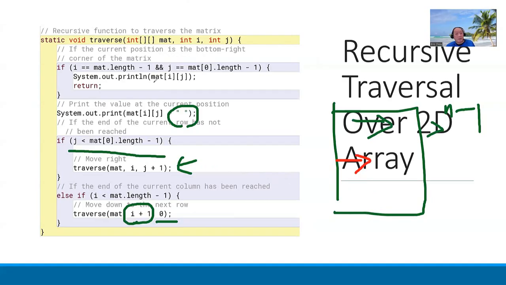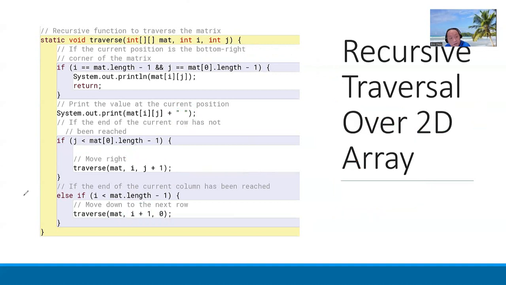So this one can do a 2D traversal using the recursive algorithm. Is that okay? We probably never saw this before, but this one is also very important.